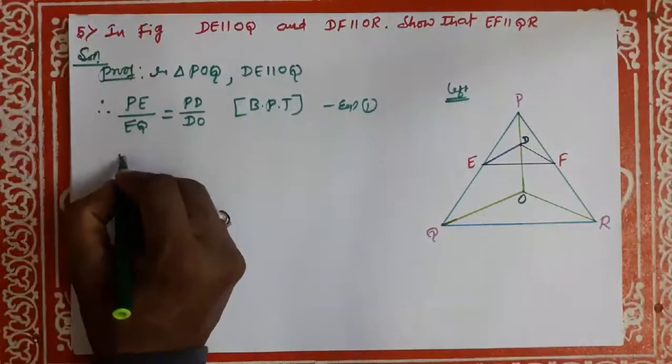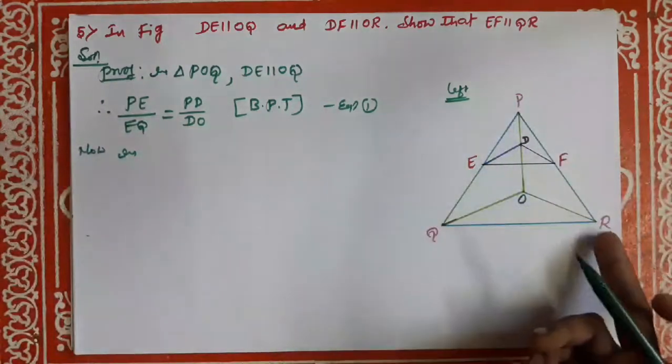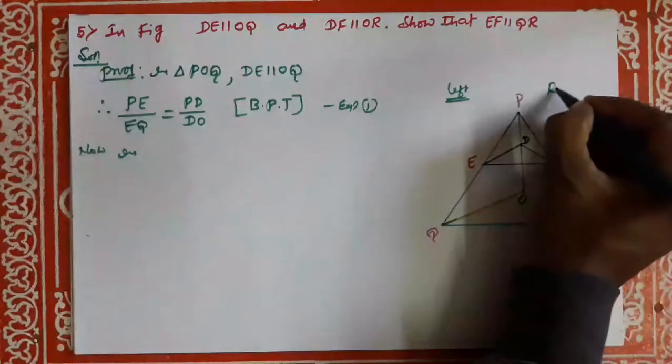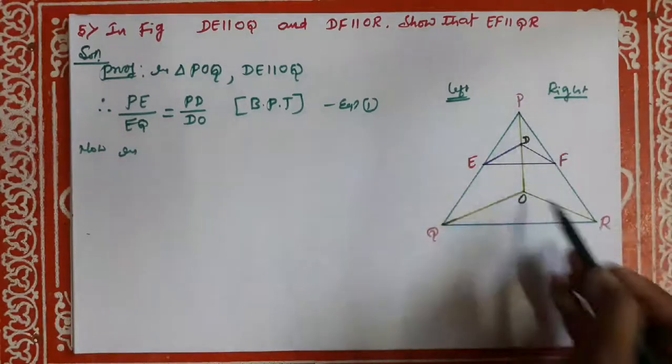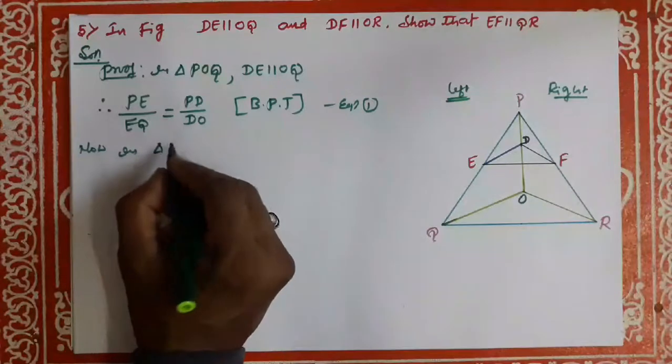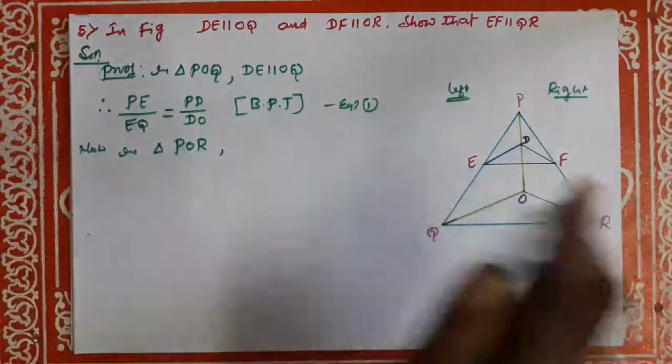Now, in triangle POR, see the right side. In triangle POR, DF is parallel to OR.